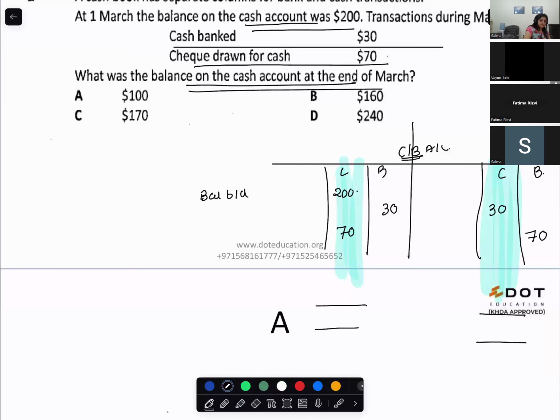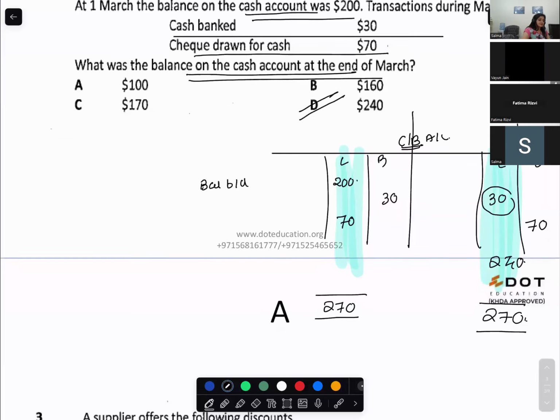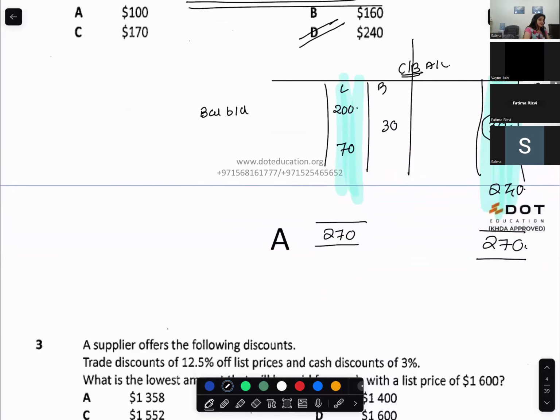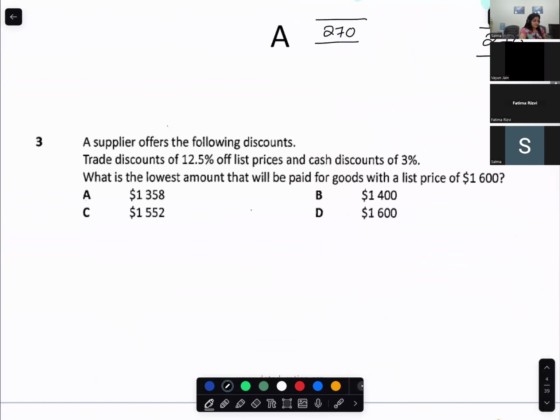How much is it? It's 270. Okay, from this you will minus this 30. So it will become how much? 240. So what is the balance of the cash account? 240. With me? Yes. Go to the next one.